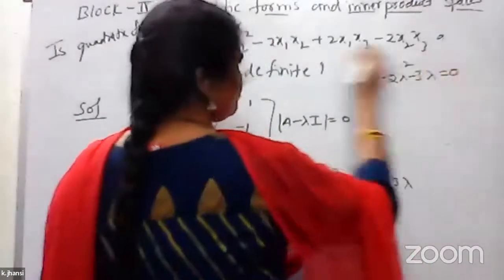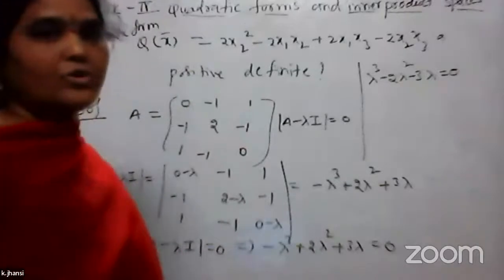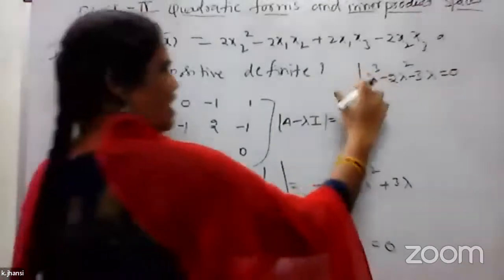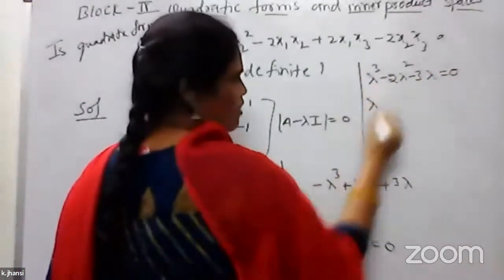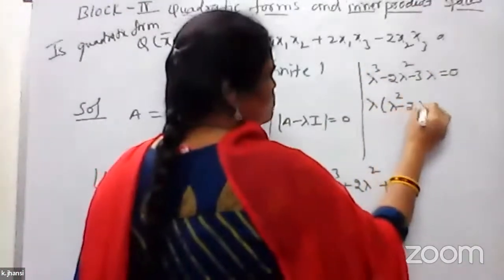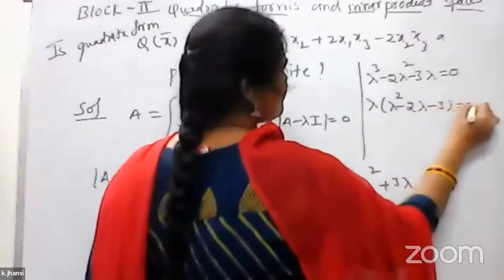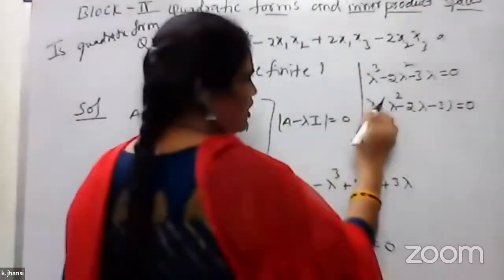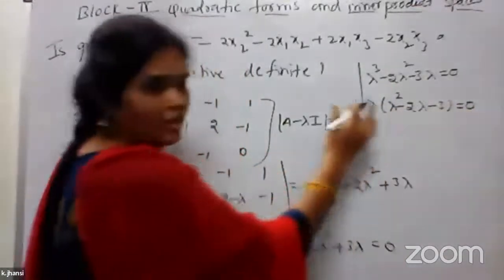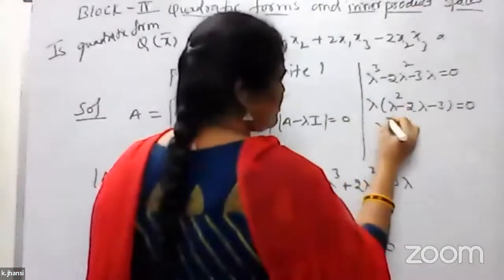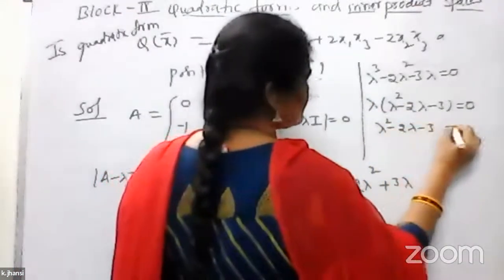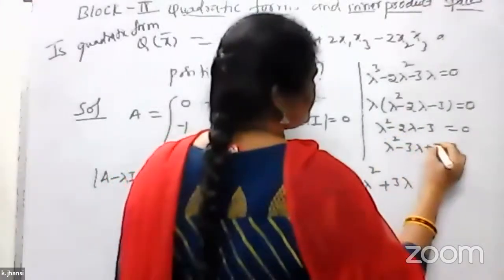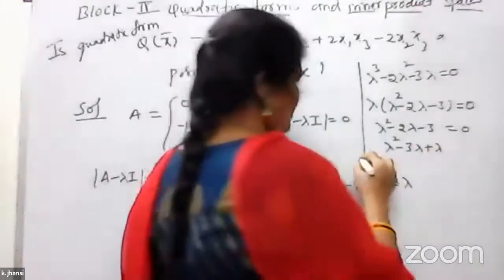What is the concept to show whether it is positive definite or not? For that we need the roots of this equation. Here all terms have lambda, so you can take lambda common: lambda into lambda square minus 2 lambda minus 3. When you equate it to 0, one value is lambda equals 0. For the quadratic equation lambda square minus 2 lambda minus 3 equals 0, that is lambda square minus 3 lambda plus lambda.